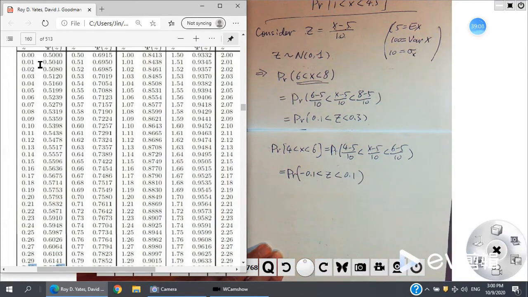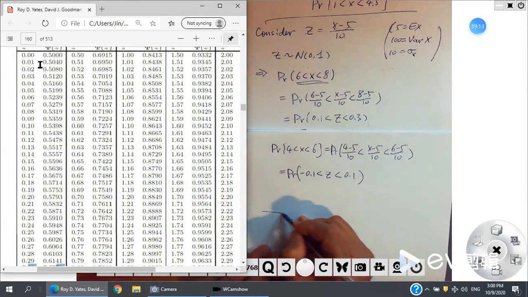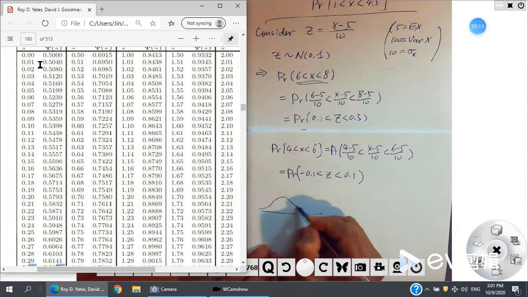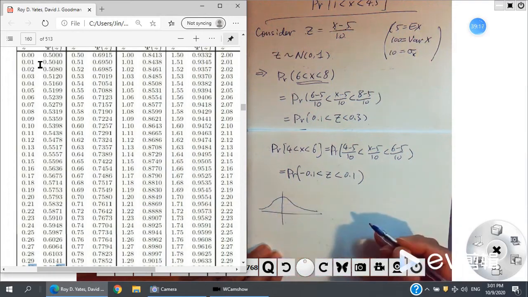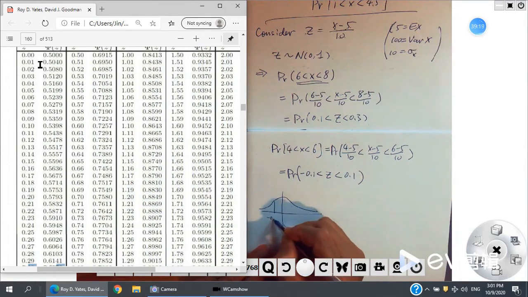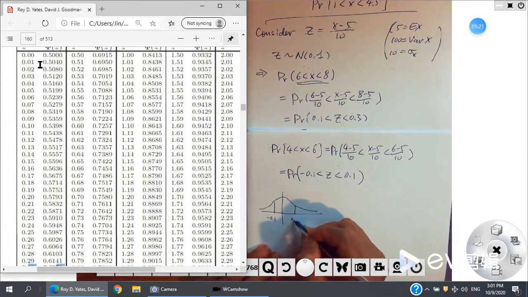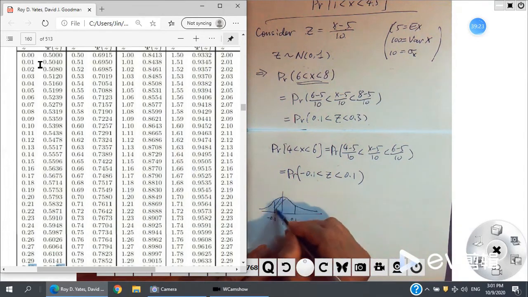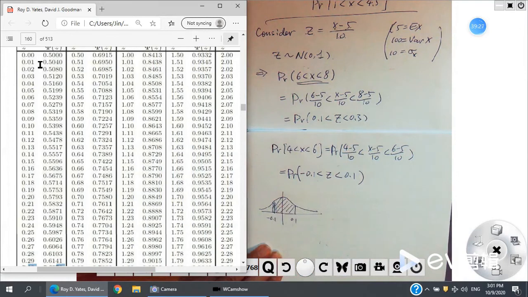Alright, we have a negative value again. Now how to do it? You use the graph first. You have a negative value, you have a positive value, you want this area.